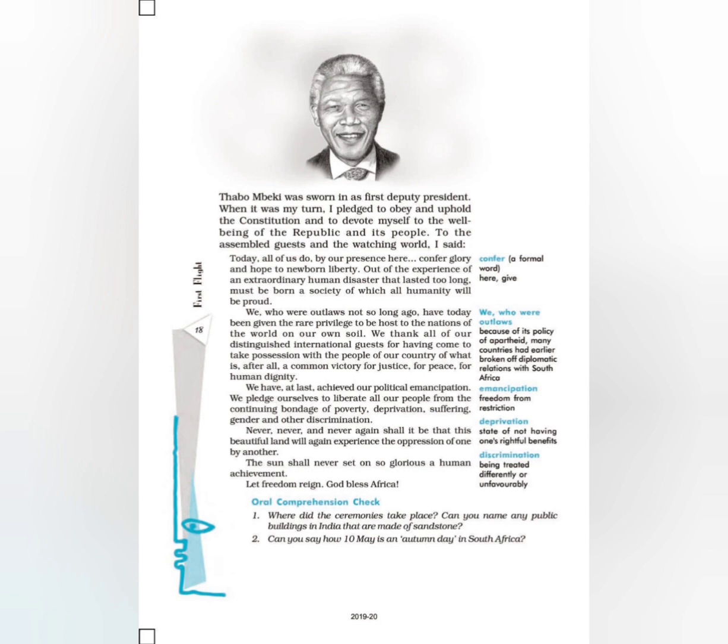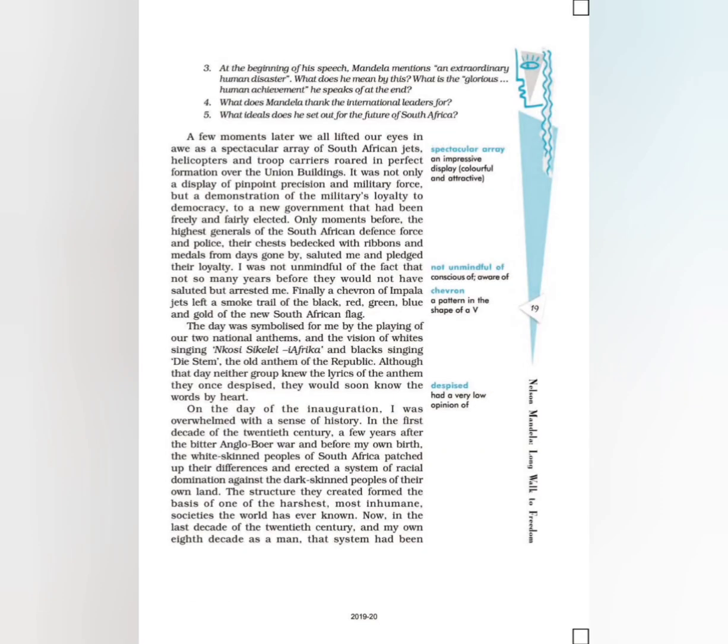After the speech, all of those sitting there raised their eyes towards the sky. There was an aircraft, like the ones we remember from India during Independence Day and Republic Day, which produce smoke in the tricolor.